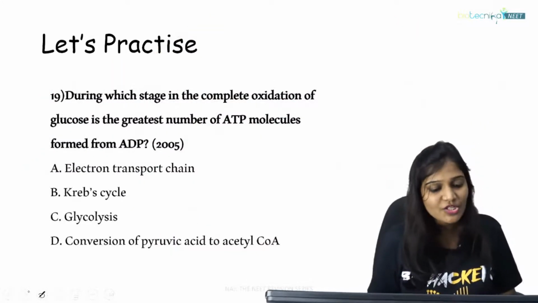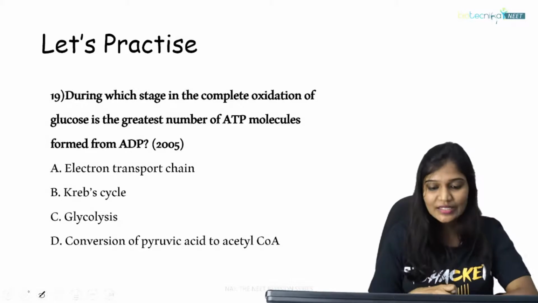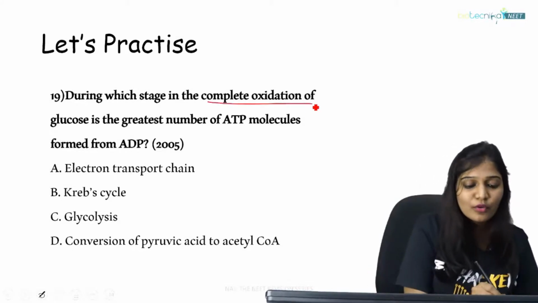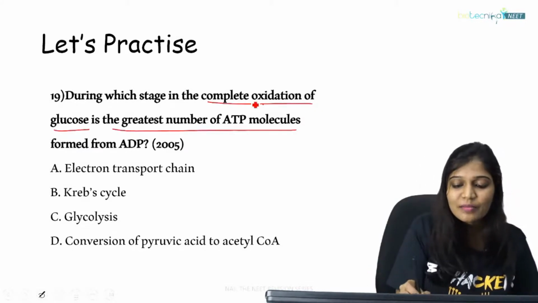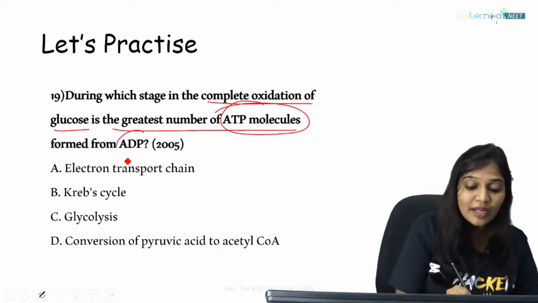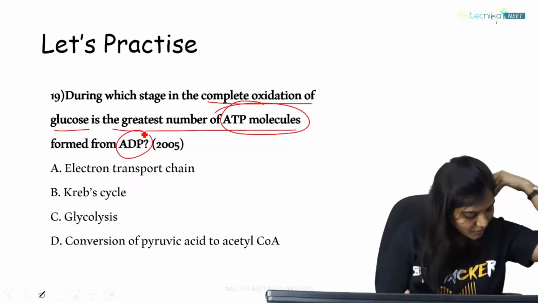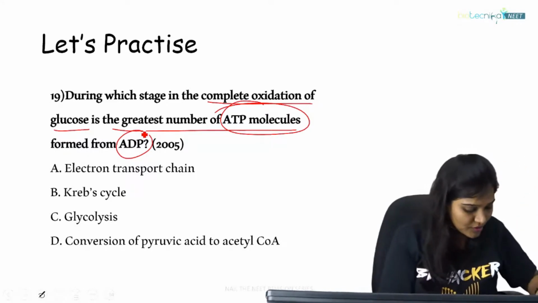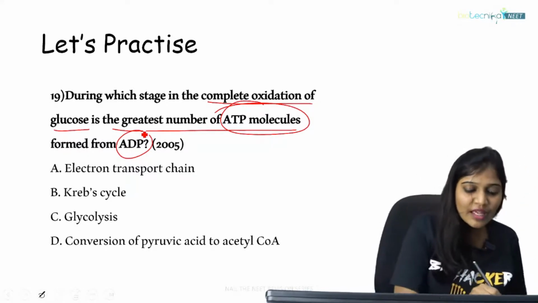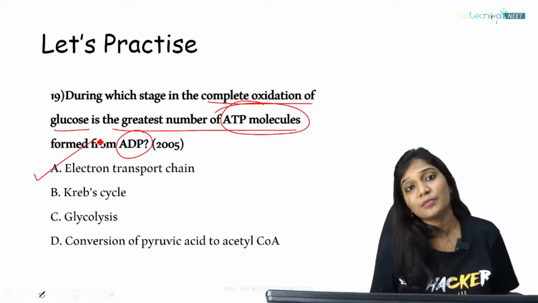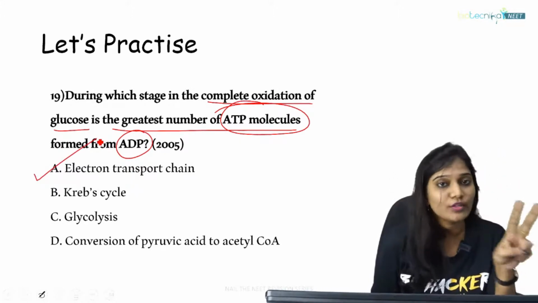Okay, the next question. During which stage of the complete oxidation of glucose is the greatest number of ATPs produced from ADP? Where is ATP actually produced? Maximum ATP. Can anybody answer me? Where is maximum ATP produced? Very good, Sophia. It's going to be the electron transport chain. If you talk about glycolysis, only 2 ATP.